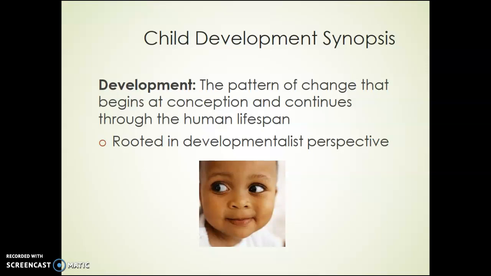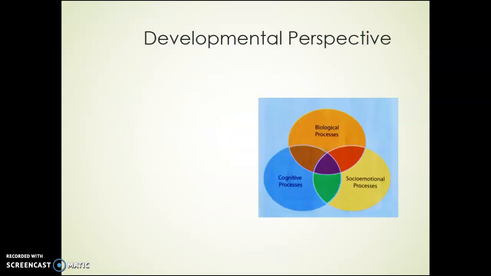So when we talk about cognitive development, we'll talk about Jean Piaget. When we talk about social and emotional development, we might talk about Erik Erikson. When we talk about social development, we might talk about Lev Vygotsky. So these different theorists kind of put their own spin on each area of development by observing the patterns that humans go through over the course of a lifespan.